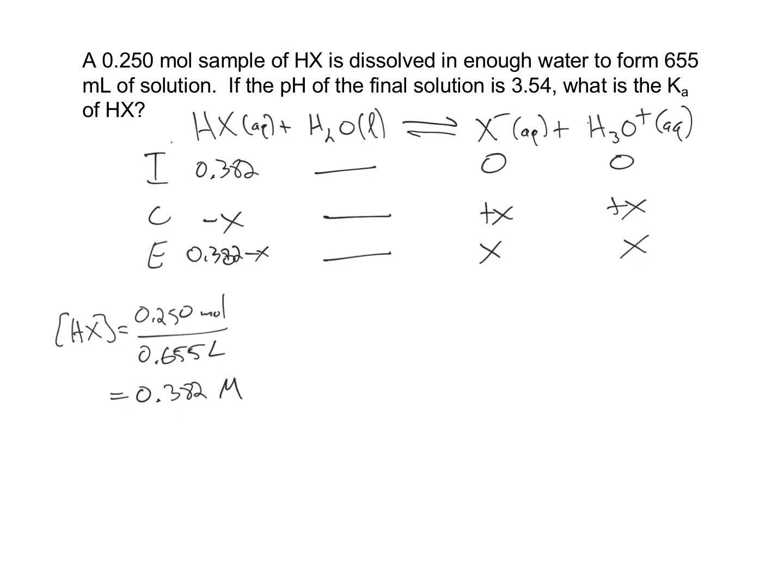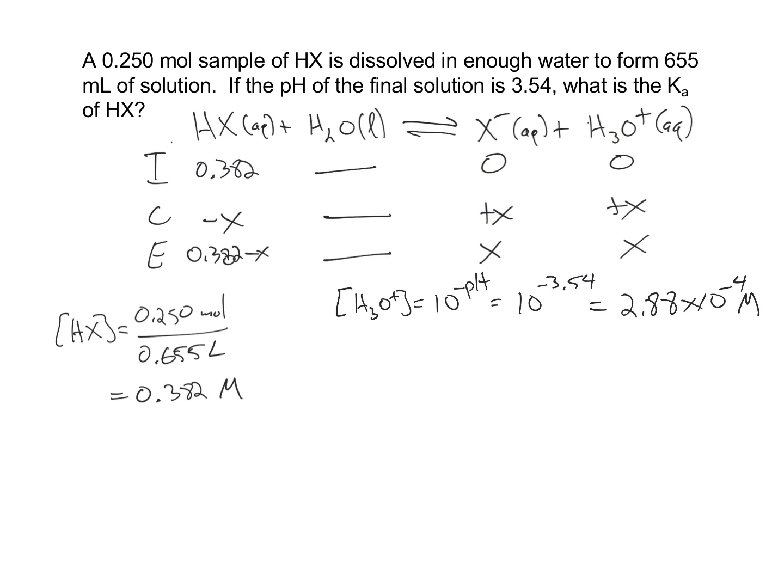So, of course, to find the H3O plus concentration, I need to do 10 to the minus pH. And that gives me 2.88 times 10 to the minus 4. And so that is x.